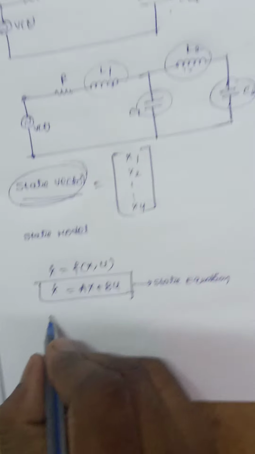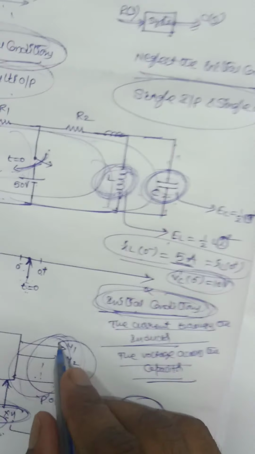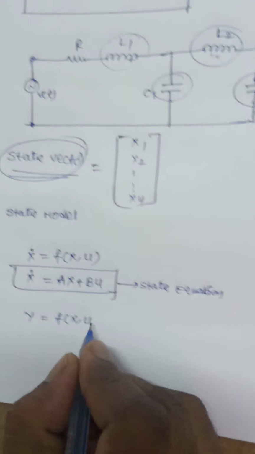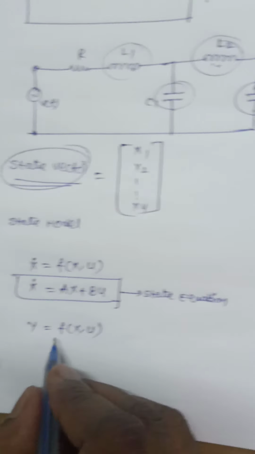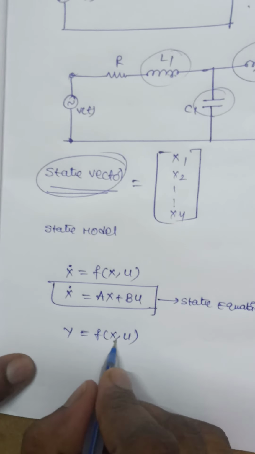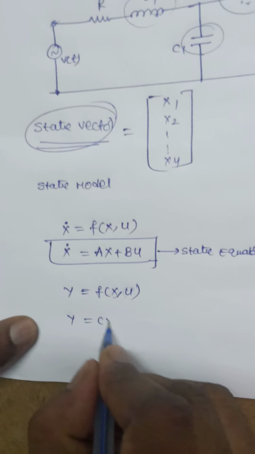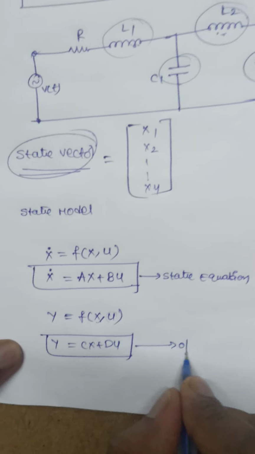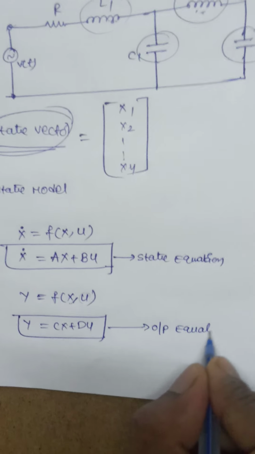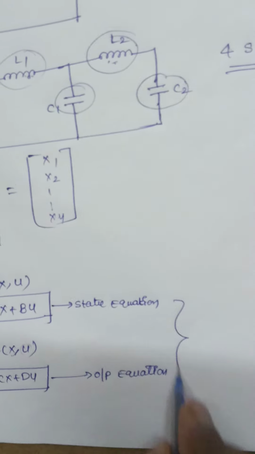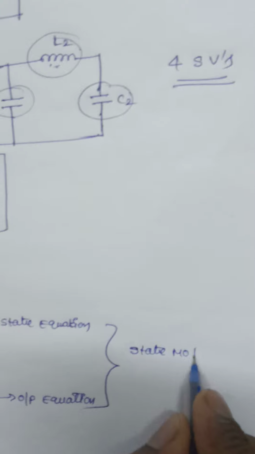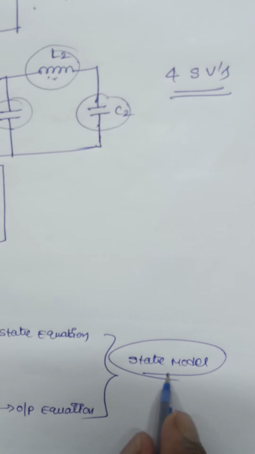Also the output y is a function of the same thing, the past history and the present input. The output is a function of the past history, the state variables, and the present input. So y is equal to Cx plus Du. It is nothing but the output equation. These two equations combined are called the state model. The state model consists of two equations.